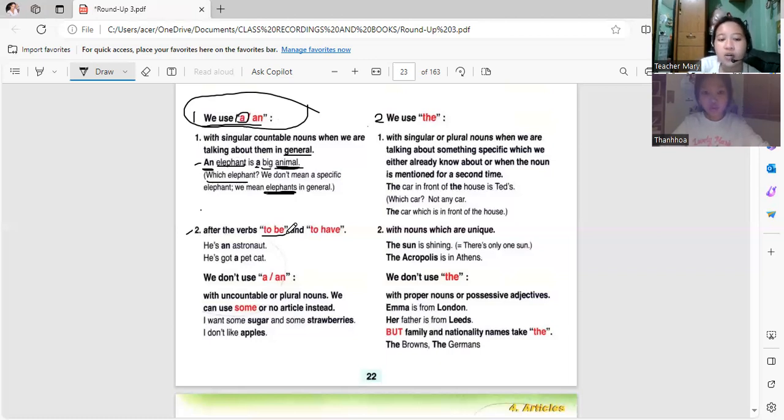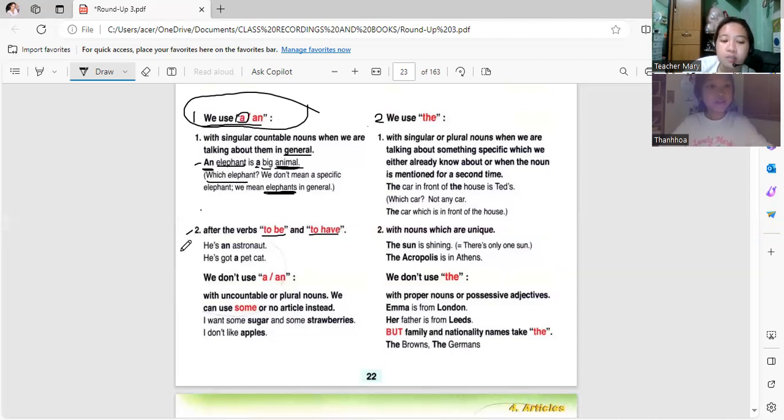So the word to have means you're going to have it. It's not yet in your hands or in you, but you're going to have it in the future. Okay?